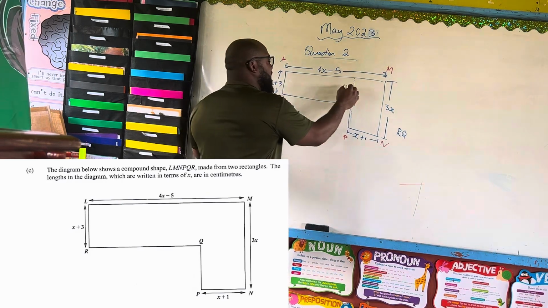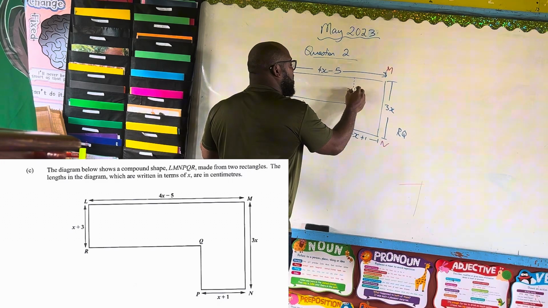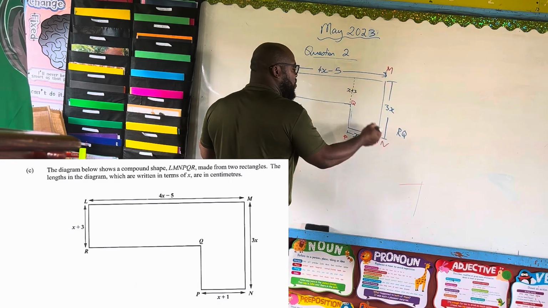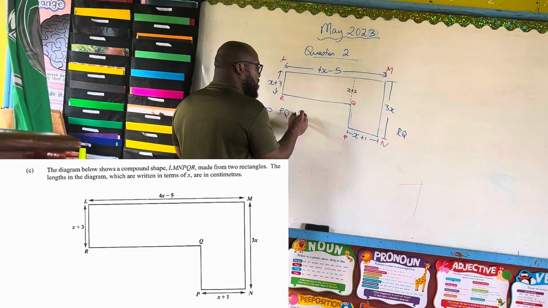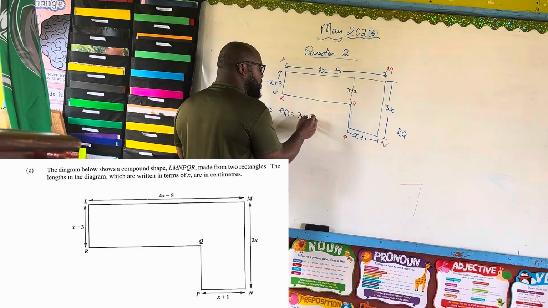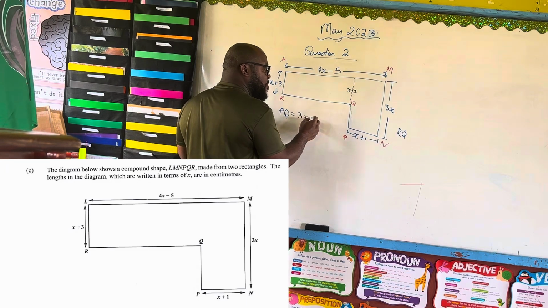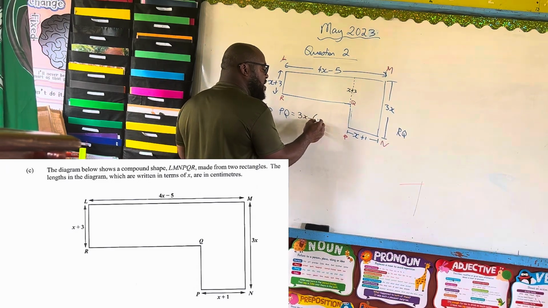So if this is x plus 3, and the whole thing is 3x, you simply do what? 3x subtract. But here is the secret.